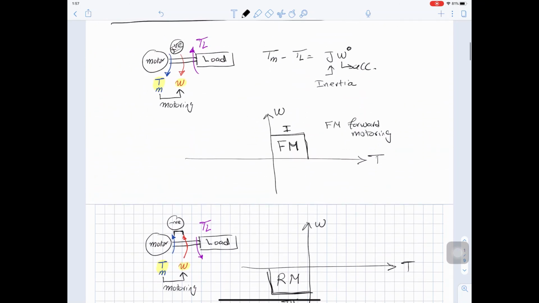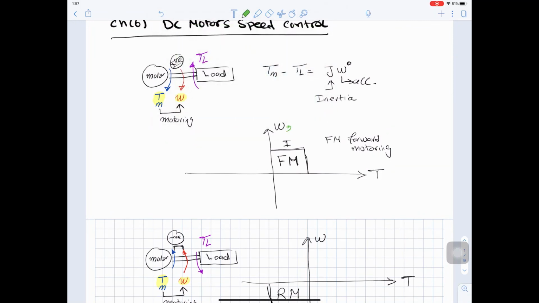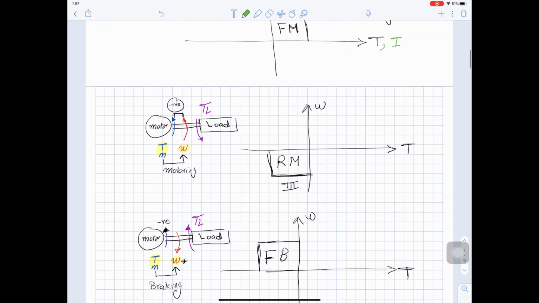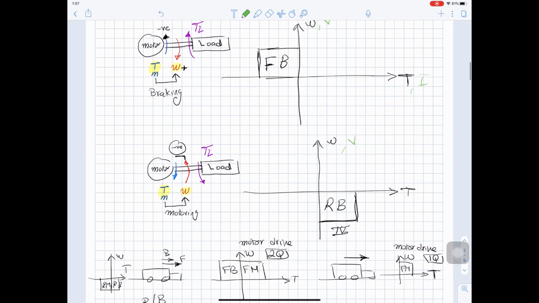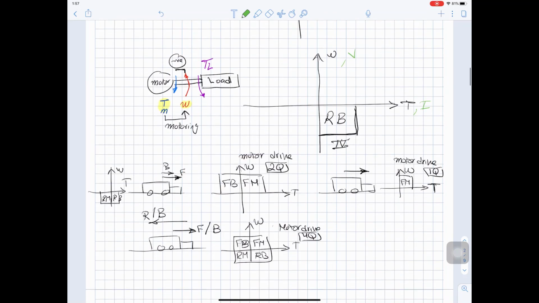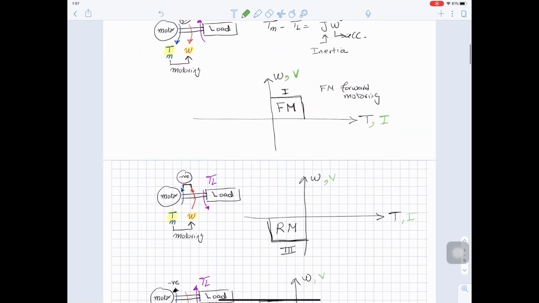Based on our knowledge of DC machines, we know that omega is proportional to the voltage and the torque is proportional to current. So we can add here voltage, current, voltage, current, and so on. To have a motor drive that can give us forward motoring, we need to be able to inject a positive voltage and positive current.